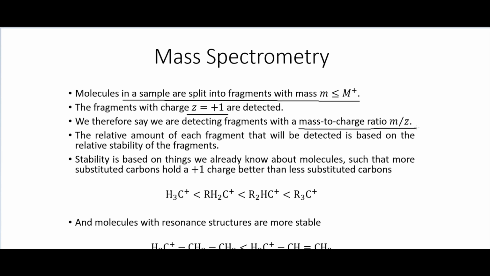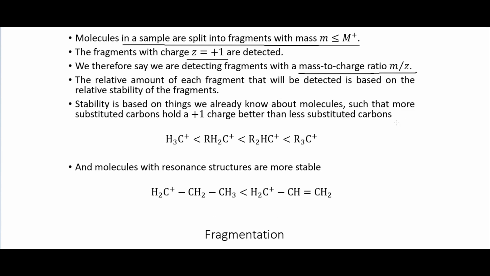And that stability is going to be based on things that we already know from the stability of molecules. So, for instance, a carbon that has more substituents on it is going to be more stable as a positively charged carbocation. So a methyl carbon is going to be less stable than a primary, which is less stable than a secondary, which is less stable than a tertiary.